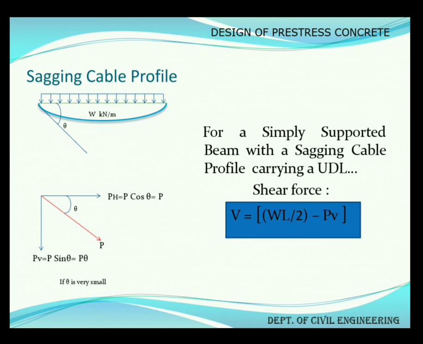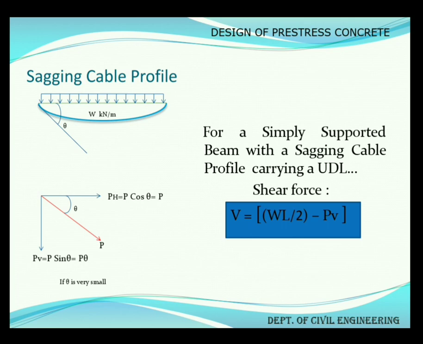Now if our beam has a UDL, that is a uniformly distributed load of intensity W kilonewton per meter, then how do we calculate the shear force?